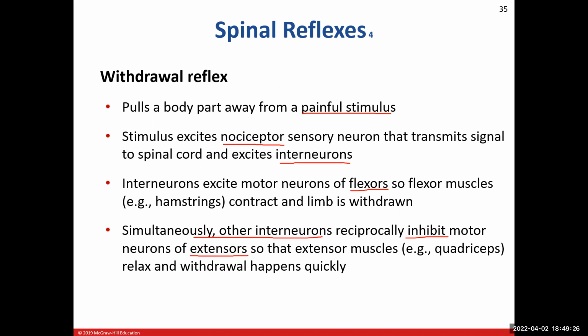The hamstrings in this case are the flexors, the quadriceps the extensors. And so those quadriceps will stay relaxed, and when they relax, they won't inhibit our agonist muscle group, in this case the flexors, which are the hamstrings. And so we can withdraw from that painful stimulus fast.